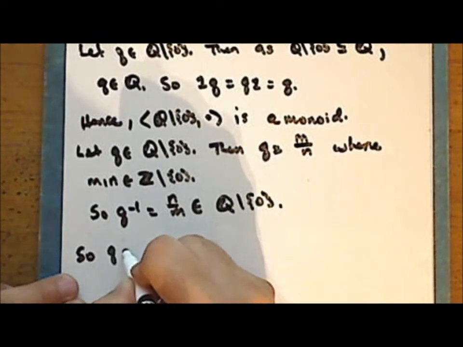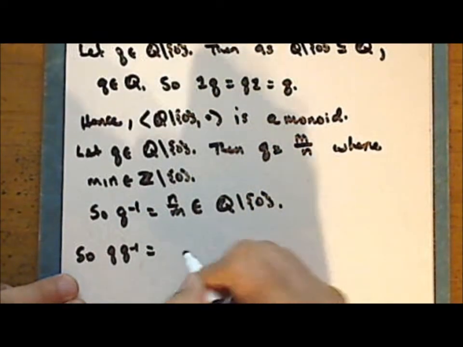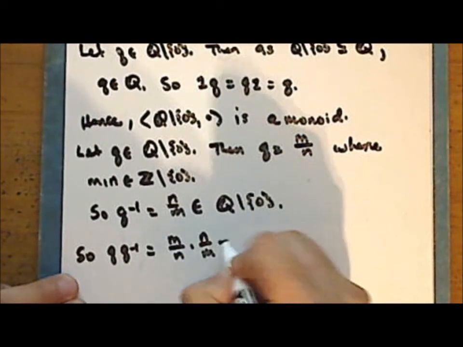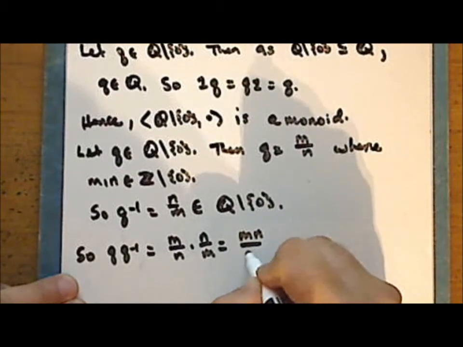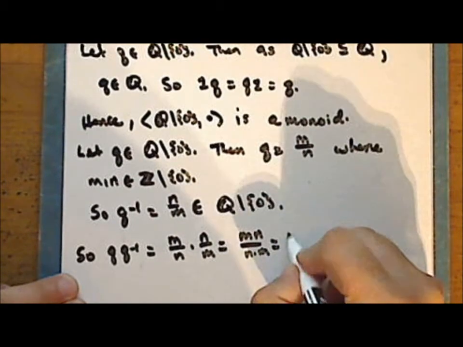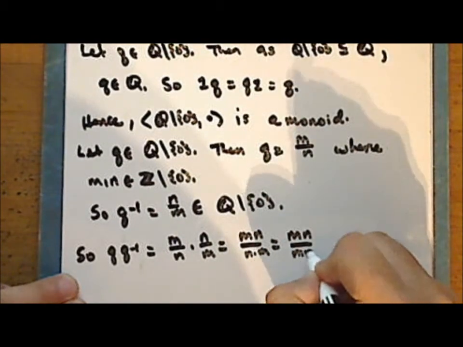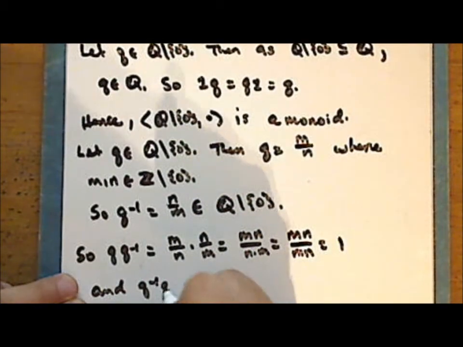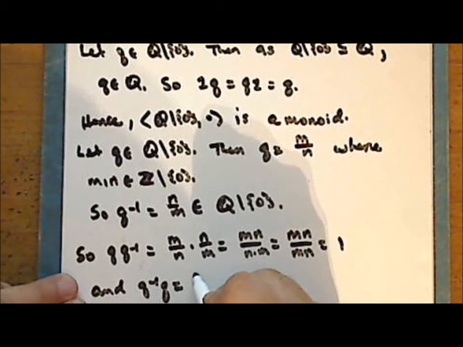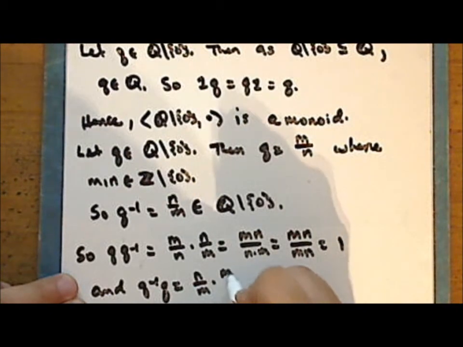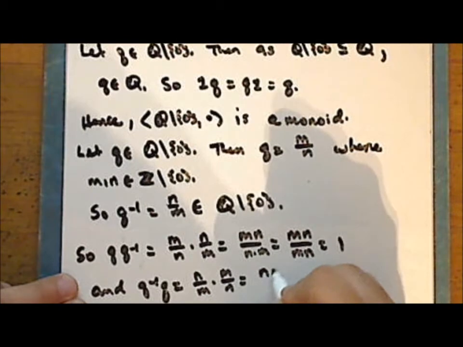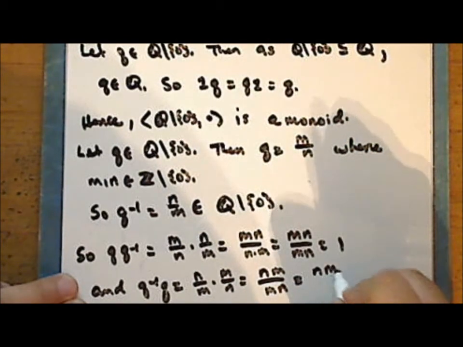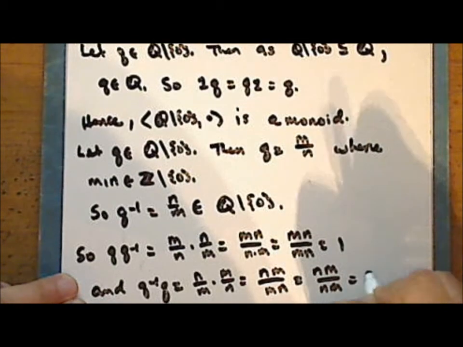And so q times q inverse is m over n times n over m, which is m times n over n times m, which is the same as m times n over m times n, which is 1. And q inverse times q is n over m times m over n, which is n times m over m times n, which is the same as n times m over n times m, which is 1.